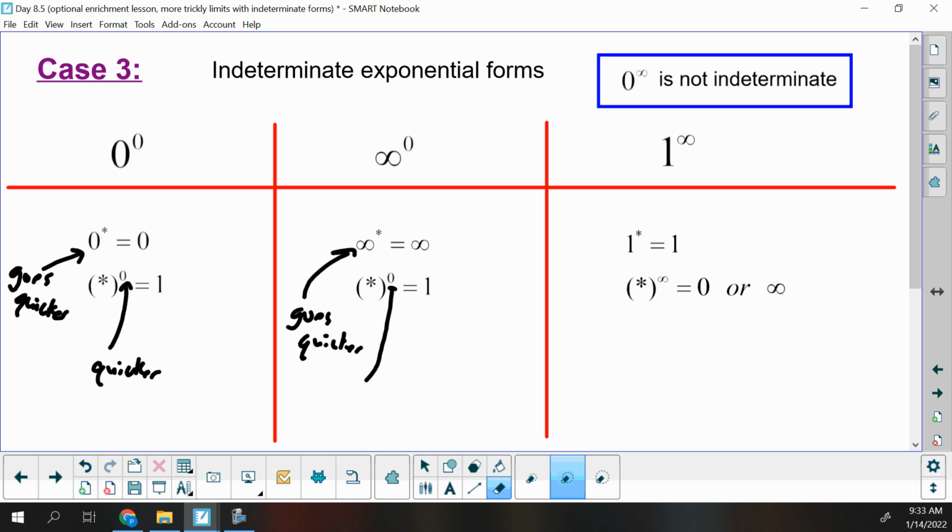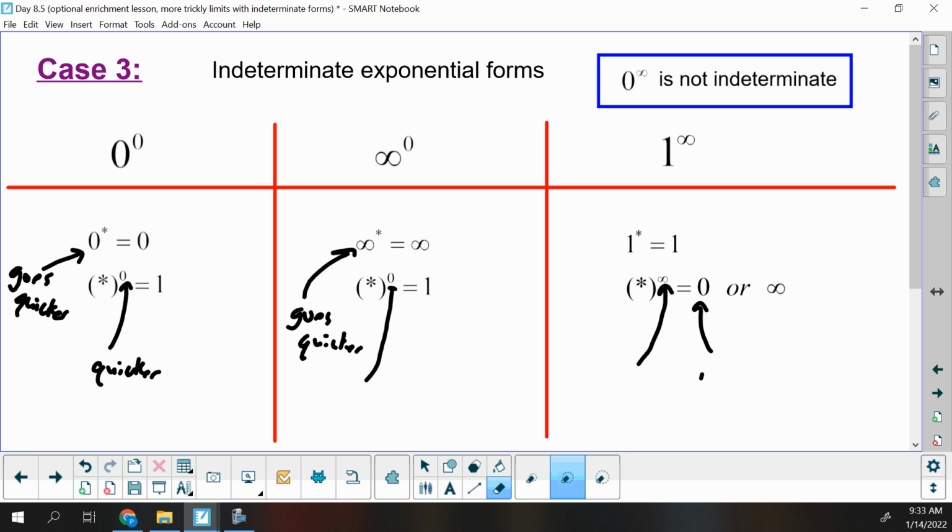And the last one, 1 to the infinity. If it heads towards 1 quicker, then it'll just approach 1, because 1 raised to anything is 1. But if it's going to the infinity quicker, it depends on which side of 1 we are approaching. If you're a little bit below 1, and the exponent has the power, then that's going to send it smaller, smaller, smaller towards 0.